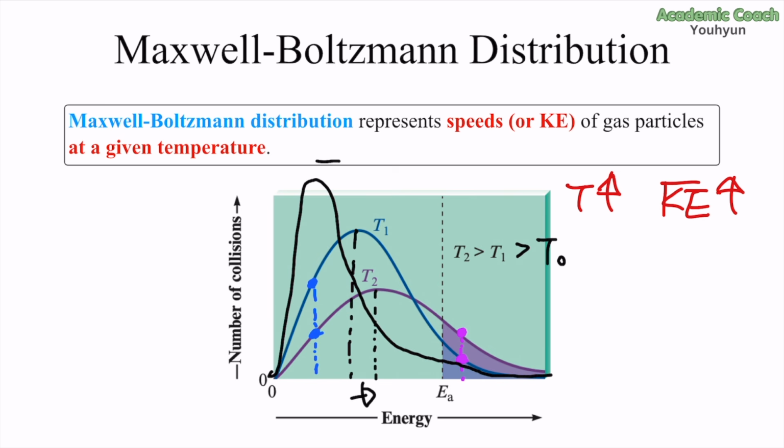So, this would be how it looks for T0. What if there's a temperature that's higher than T2? Let's call this temperature T3. Then for T3, its peak will be lower than T2's and its peak occurs at larger energy.